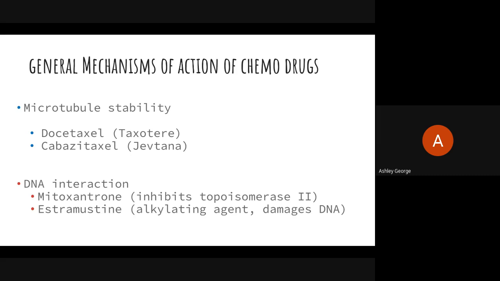And then the estramustine is an alkylating agent. So there's a component of it that damages the DNA and other components in cells that rapidly divide, including cancer cells.